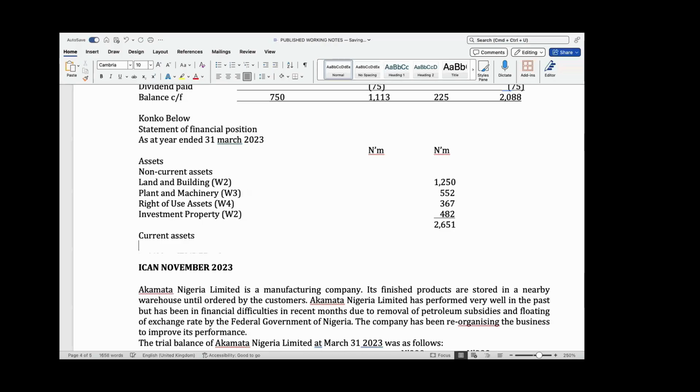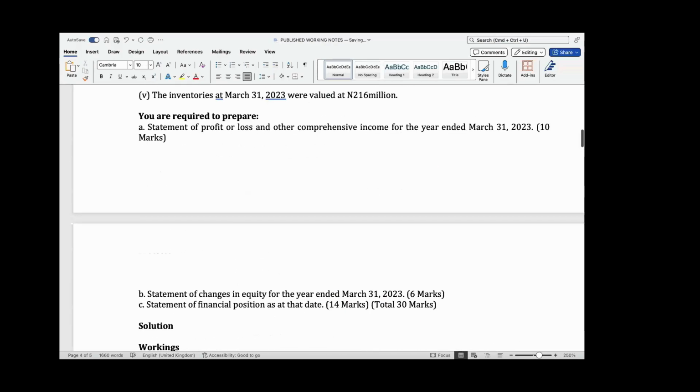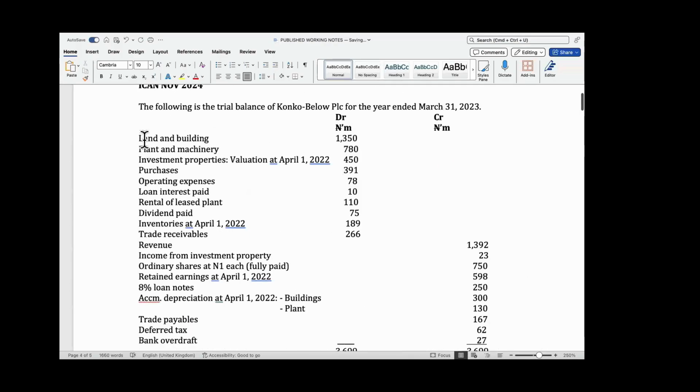Then my current assets from my trial balance, I think I have only my closing inventory because I don't have any current assets here from what I'm looking at.